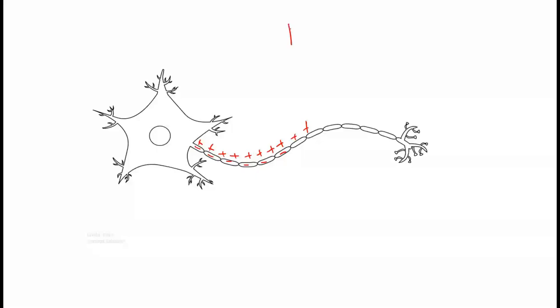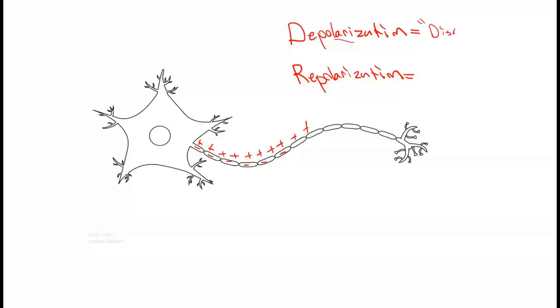So there are two things that can happen here. There can be what's known as a depolarization of the membrane, of the voltage, or there can be a repolarization of the membrane. And the molecular basis for this is, again, quite complicated, but for our purposes, just know that when we say depolarization, we mean like a discharge of the battery.